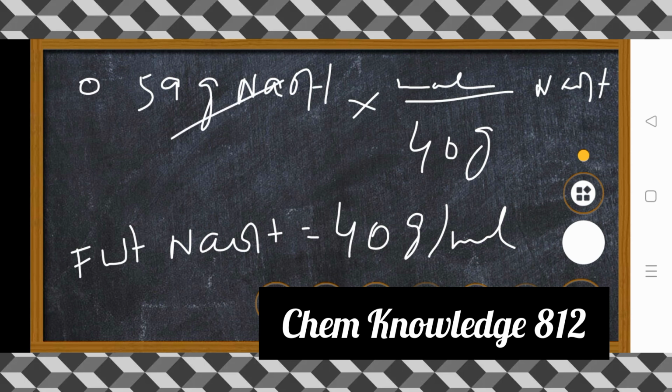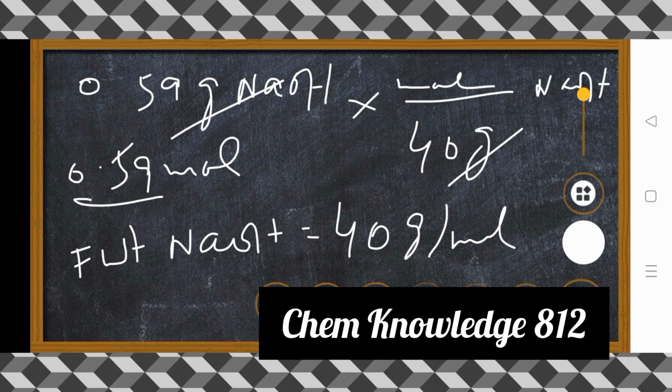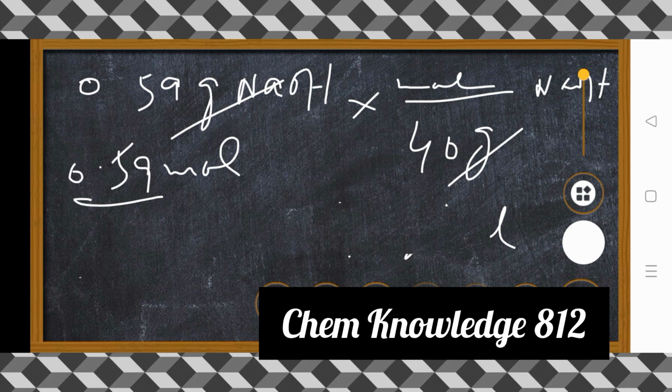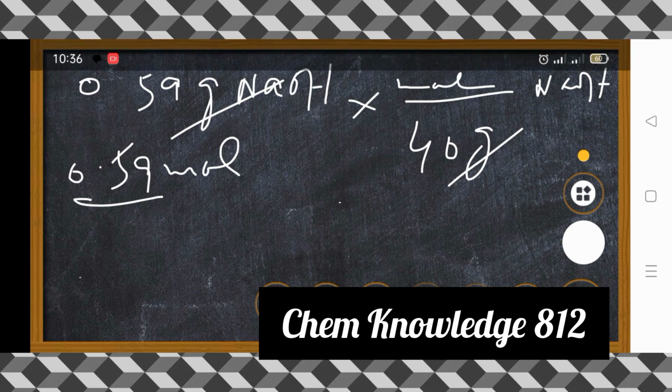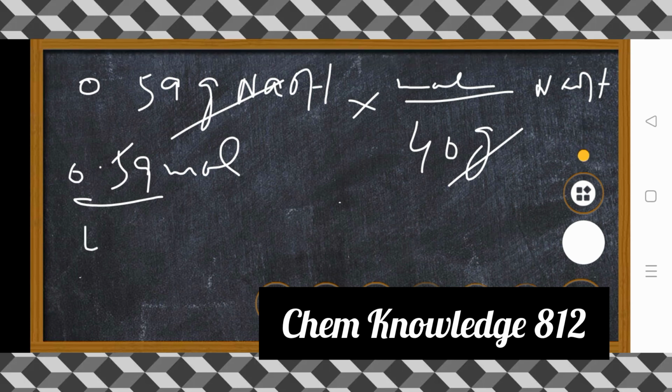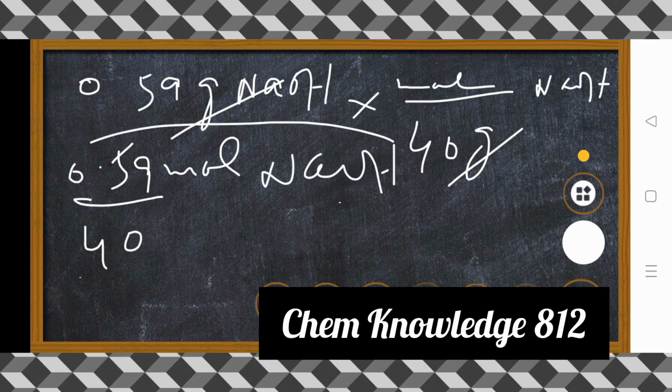This unit is the same, so it will cancel, and we will get 0.59 divided by 40 mole of NaOH.